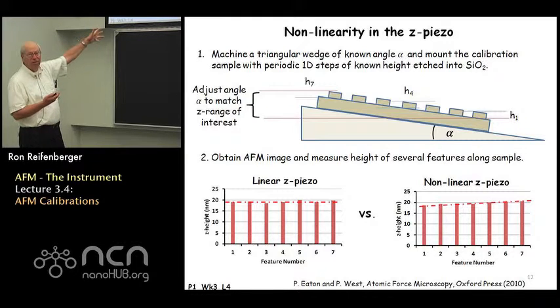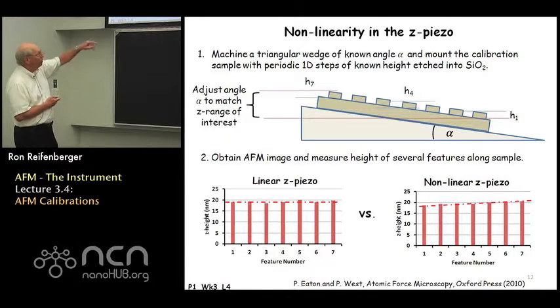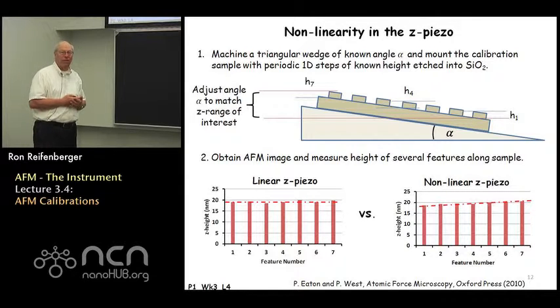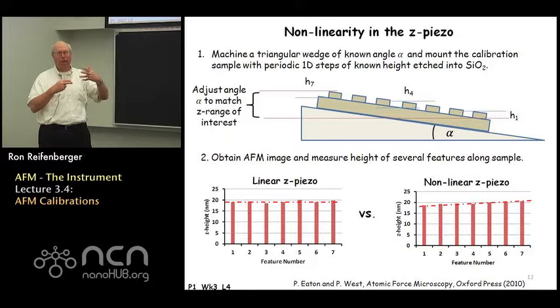And you've got a variety of different possibilities, right? If you find that the height feature is basically constant, independent of the feature number, then you can conclude that your piezo is linear in Z. But on the other hand, if you start to see a systematic increase, let's say, in the height as a function of the feature number, that would indicate that your calibration of the z-piezo depends on the actual voltage that's applied to it.